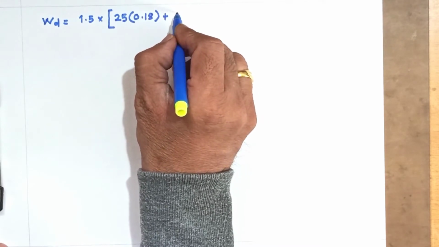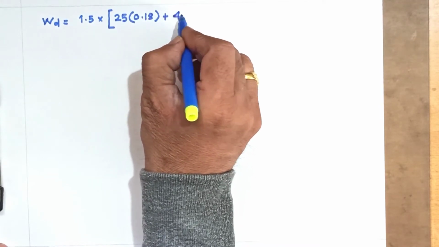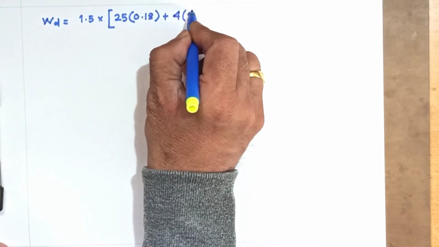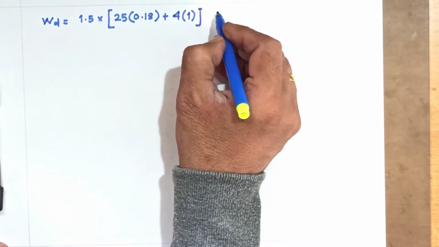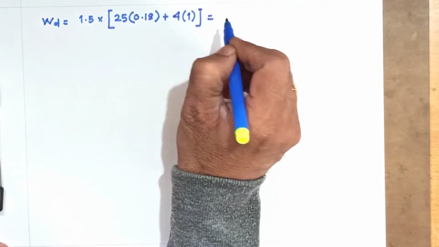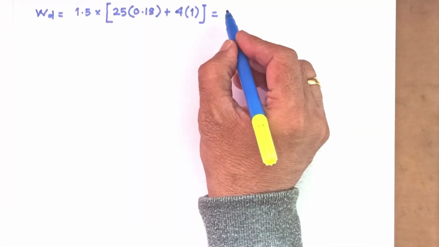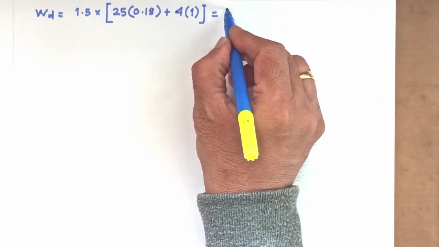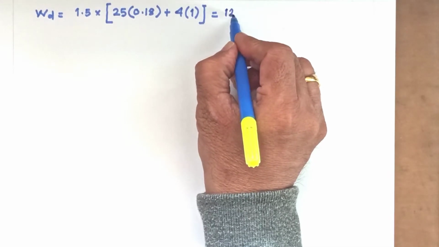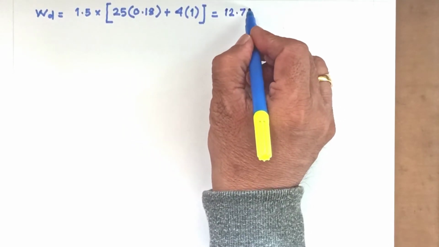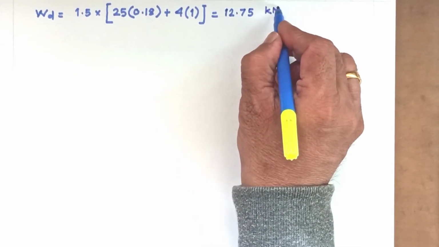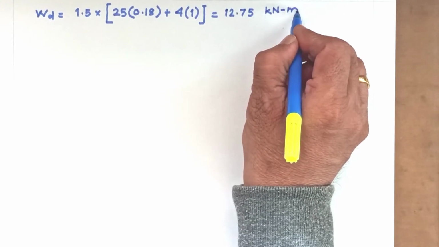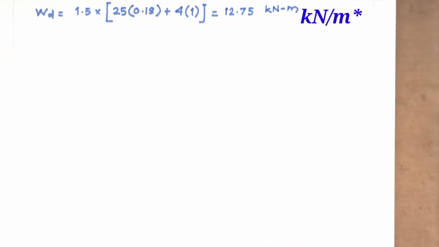Live load is 4 into 1. No floor finish is given. So let us calculate this. This is equal to 12.75 kilonewton per meter. So this is the design load.